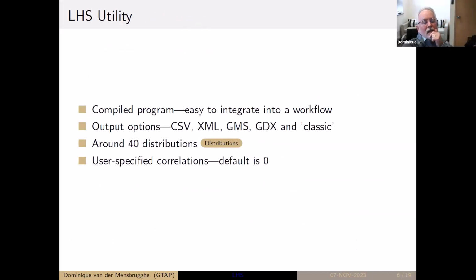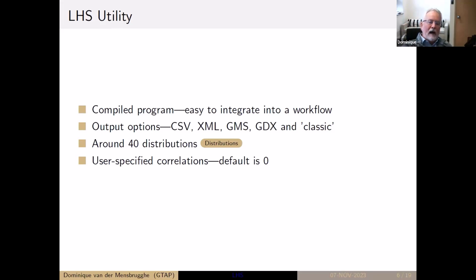The utility is a compiled program, so it's very easy to integrate into a workflow. It uses very standard C and C++, so even for those of you working in a Linux environment or a Mac OS environment, it compiles in a very straightforward fashion.